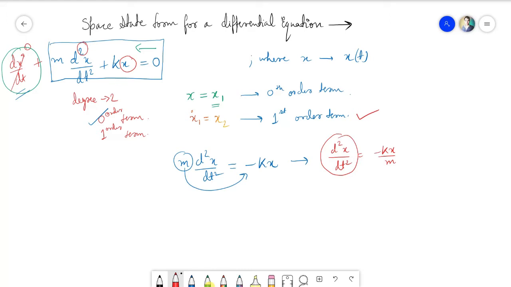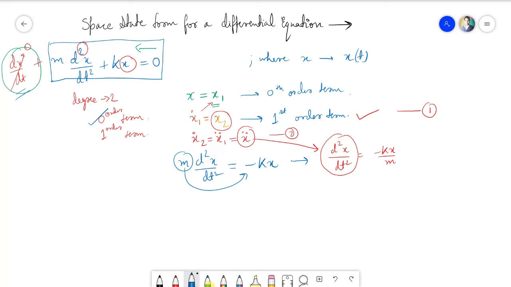So now we will write here x2 dot. If you differentiate this x2, then it becomes x1 double dot, and this x1 double dot is nothing but our x double dot, and this x double dot is nothing but our d square x by dt square. So by the equation, this one is equation 1, and this one is equation 2.